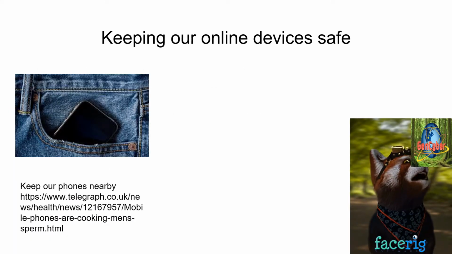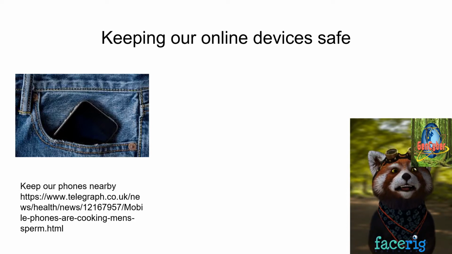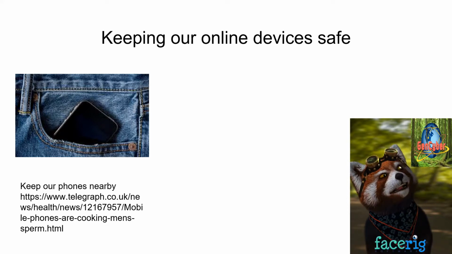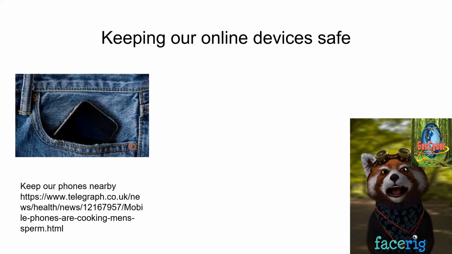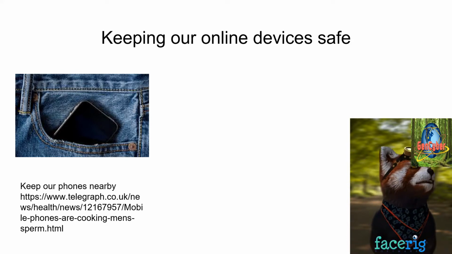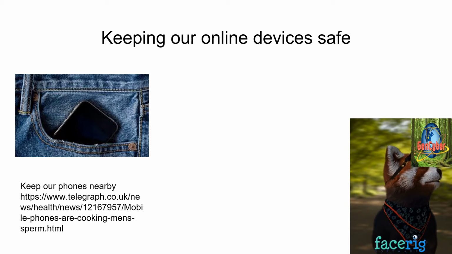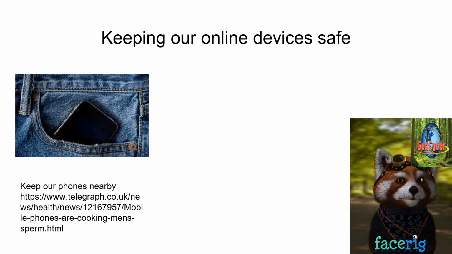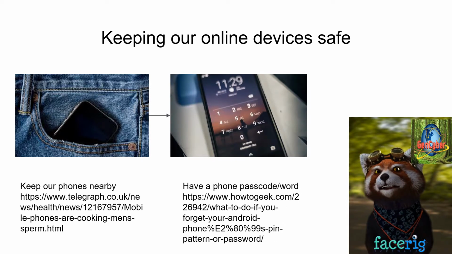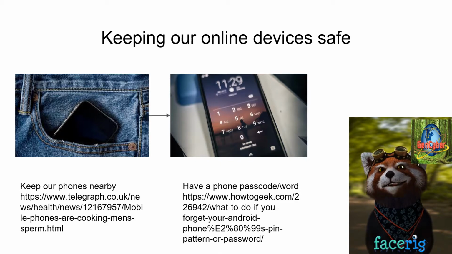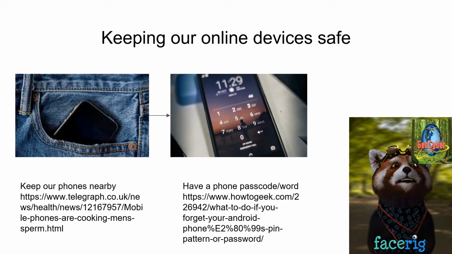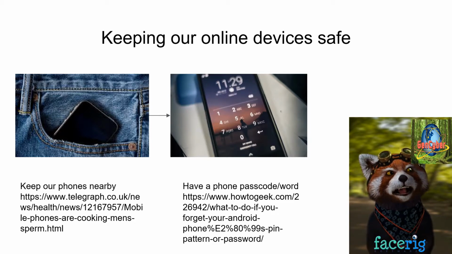For the first line of defense, or the first layer, we keep our devices, our phones, and our computers concealed and close by, usually in our pockets, so we don't have other people seeing them and being able to read any of our information. Secondly, our second layer, we put passwords on all our devices so that if someone does get them or find them, they can't use them.